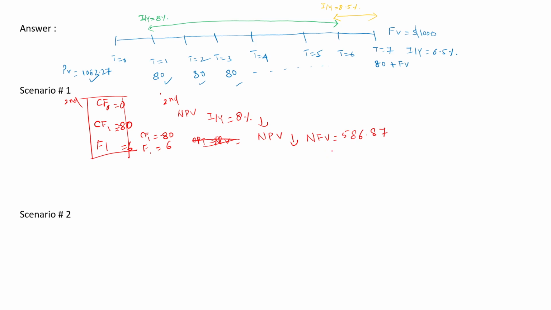Once we have completed that, then from this period, that is end of the 6th period, for one more period, the interest rate becomes 8.5%. So what we need to do out here is we make use of the cash flow function once again.